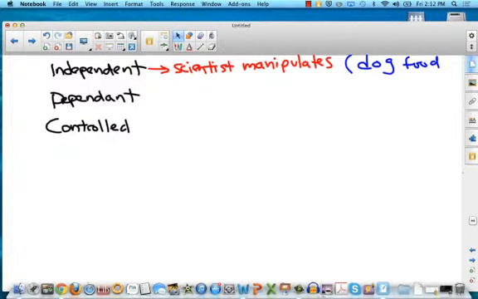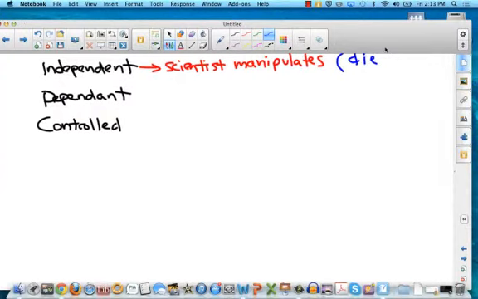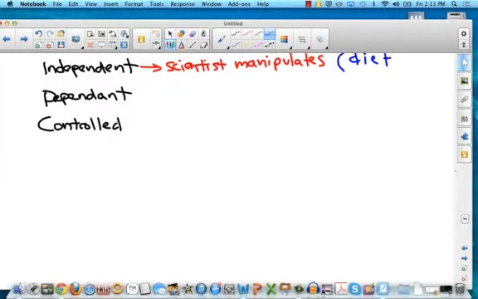Sorry, I should have written, I don't know why it did what it did there. Okay, so the independent variable, what the scientist is manipulating, would be the diet dog food.